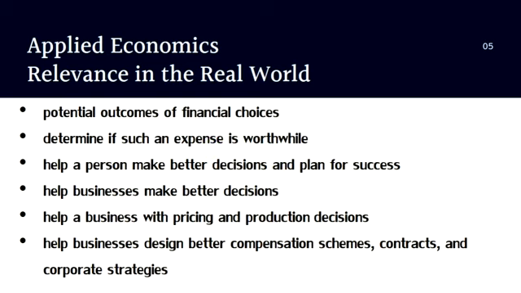So beyond finances, understanding the economic theories of rational choice, game theory, or the findings of behavioral economics and evolutionary economics can help a person make better decisions and plan for success in their personal life and even relationships.